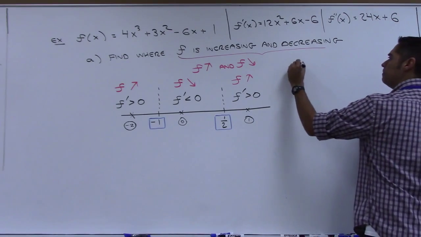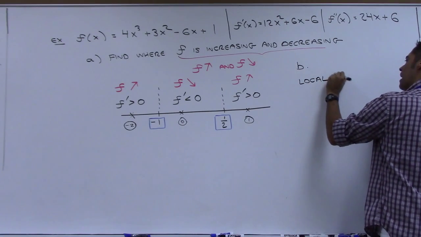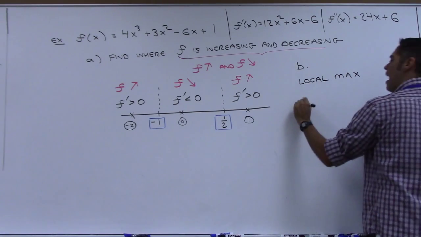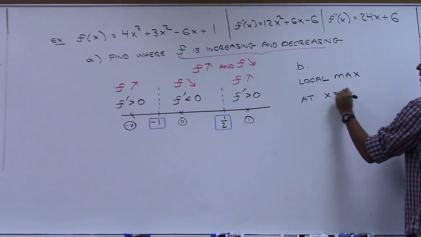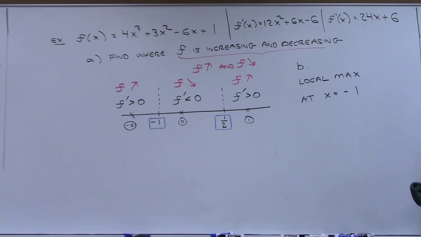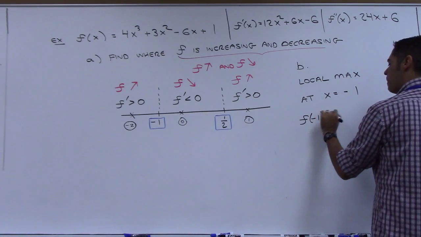For part B, we have a local max at what point? X is what? -1? Okay, but I'd actually like to know how high that point goes. So how would I figure out how high that point goes? Plug it into the original function. In other words, f of -1.